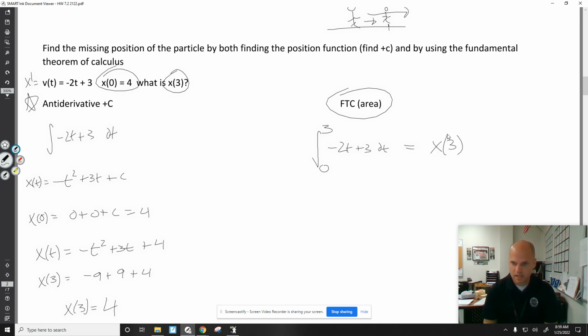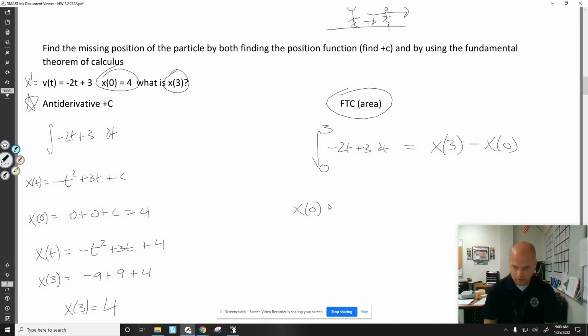The displacement can be calculated by finding x of 3 and subtracting x of 0. Well, if I want to find x of 3, watch what I can do. I can add x of 0 to both sides and get this equation.